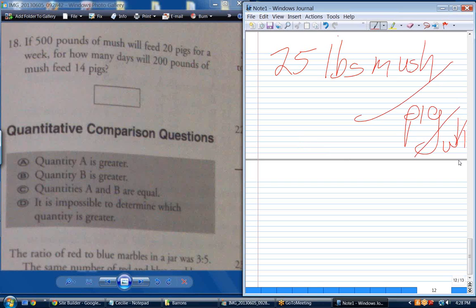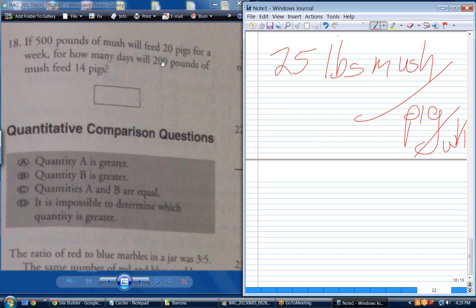25 times 14 is 350. So it doesn't quite feed them for a whole week. How many days will 200 pounds of mush feed? 200 pounds of mush would feed 1 pig 8 weeks, right?